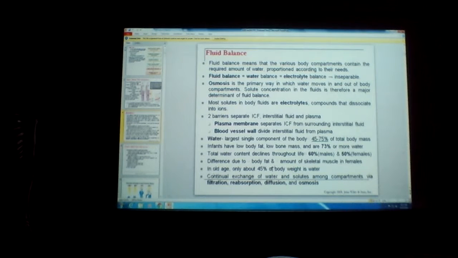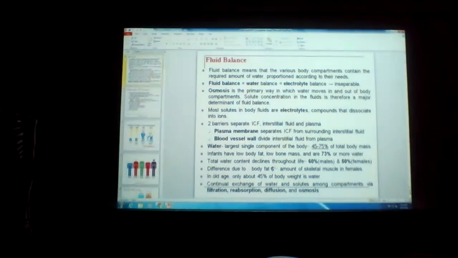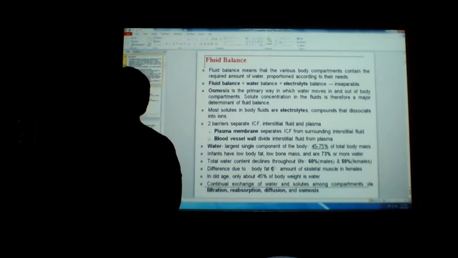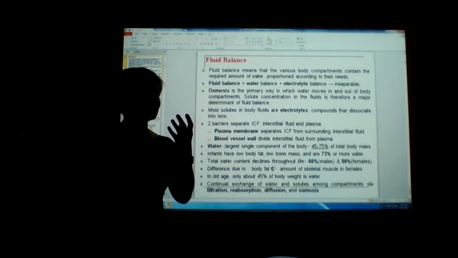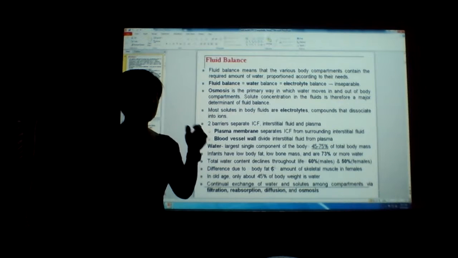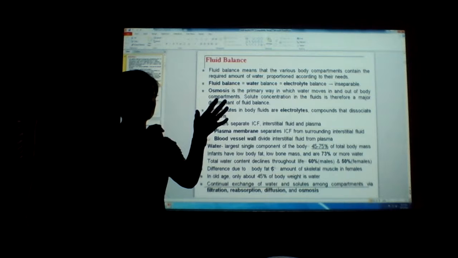And you remember that water follows salt. Water moves by osmosis, right? That's why one way of trying to drink clean water, they call it reverse osmosis. If you think about it, osmosis follows where there's high concentration of solids.